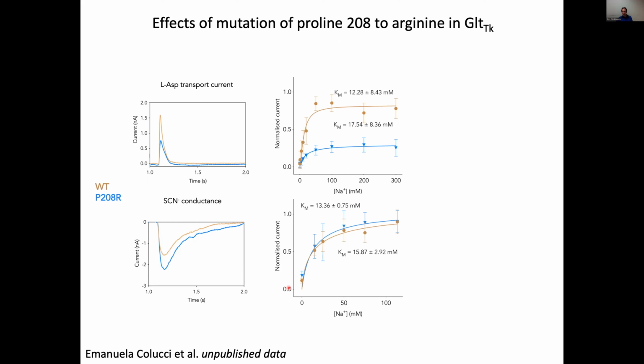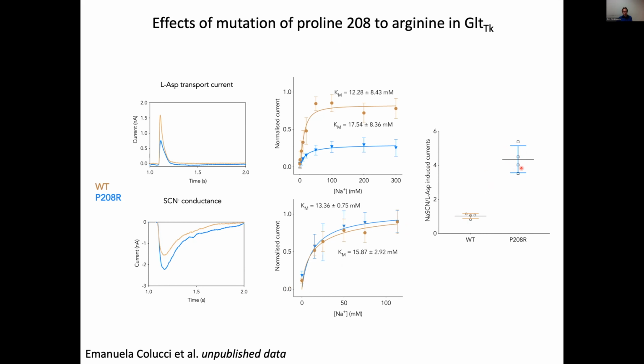So we're now trying to quantify better how much protein we have in the machine. But at least what we can do now is compare the relative amplitudes, and clearly the anion conductance relative to the aspartate uptake activity is about 4.5 fold higher in the mutant, which is similar to what was found for the mammalian transporters, at least qualitatively.